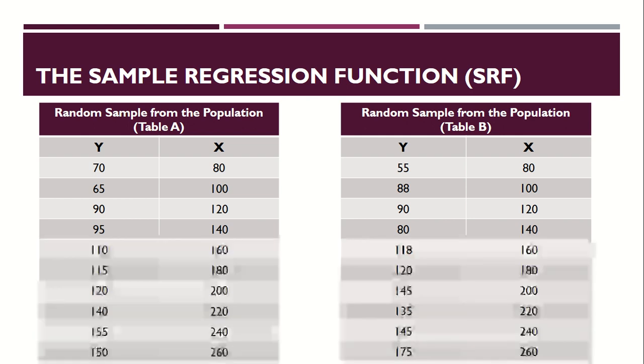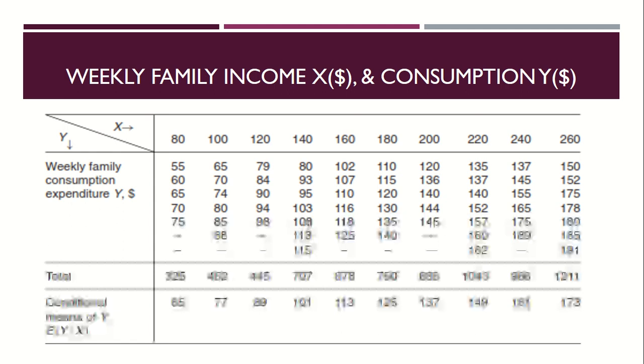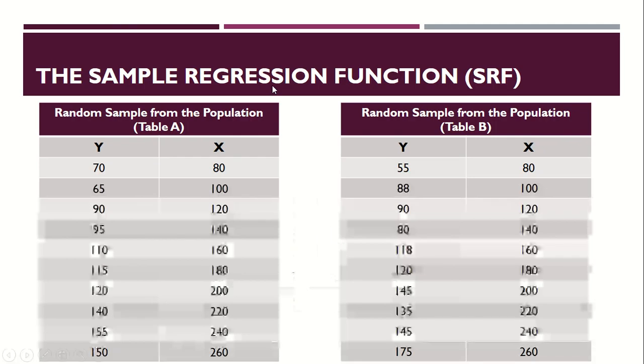For example, pretend that the population of this table was not known to us, and the only information we had was a randomly selected sample of y values for the fixed x values as given here in table A and table B.